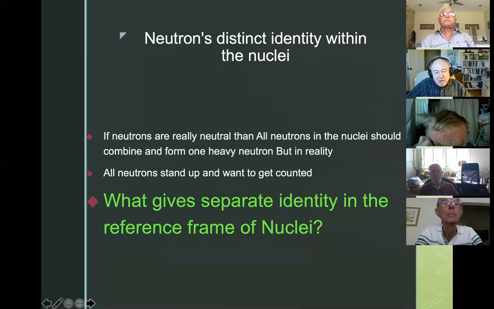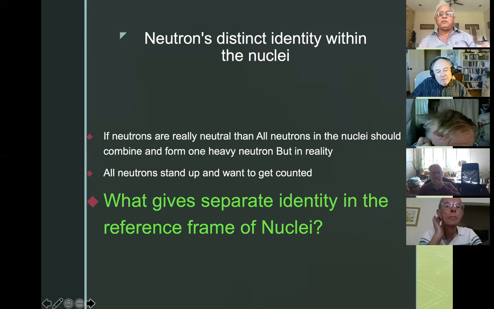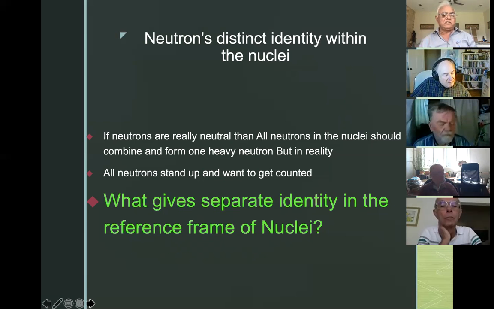issues. Now the neutron is neutral, and so it should be able to lump together with other neutrons and become one solid mass, but that's not what it wants to do. Every neutron wants to keep its own identity. So that is another question going on in my mind, why it's doing that.